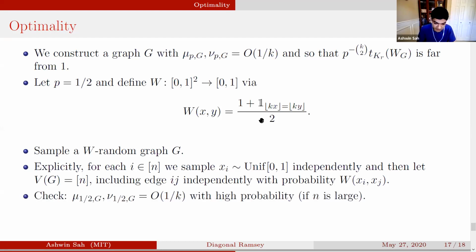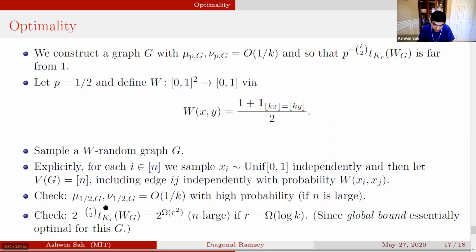There are some technical computations, so I'm not going to go through them in a great amount of detail, but check that mu and nu are 1 over k in size with high probability, and sufficiently large. 2 to the negative r choose 2 times t_{K_r} of this graph, or basically for this graphon, is quite large if n is sufficiently large, in the regime r is bigger than log k.